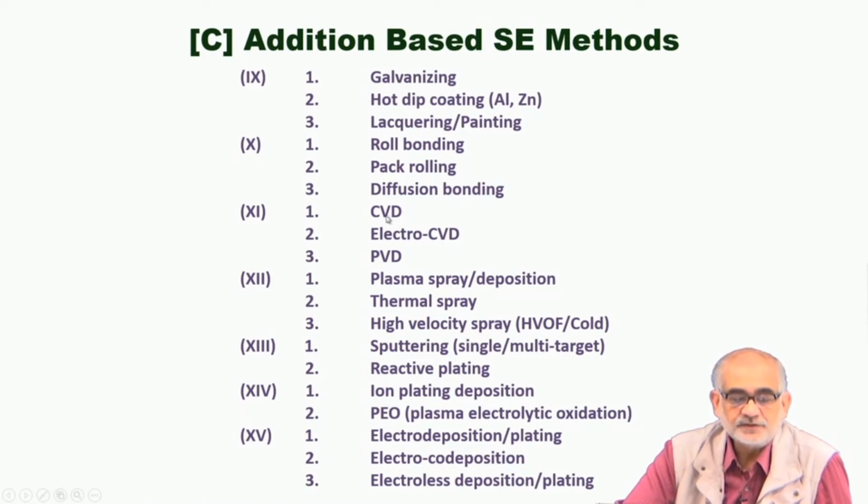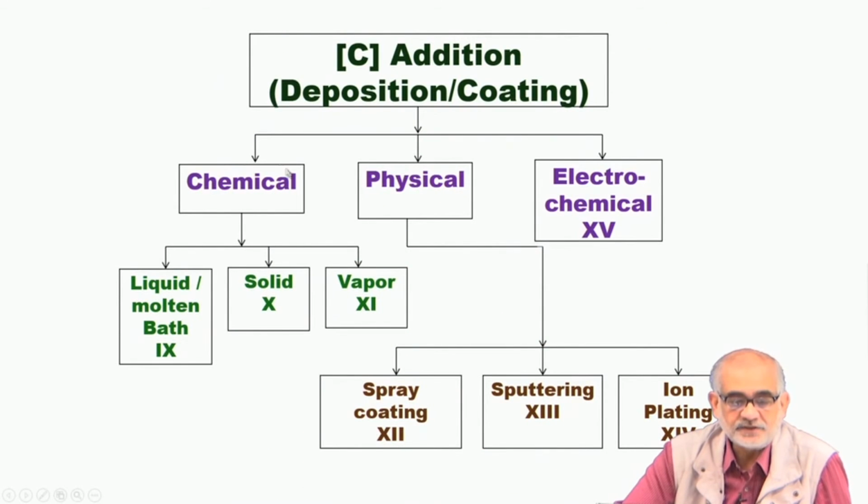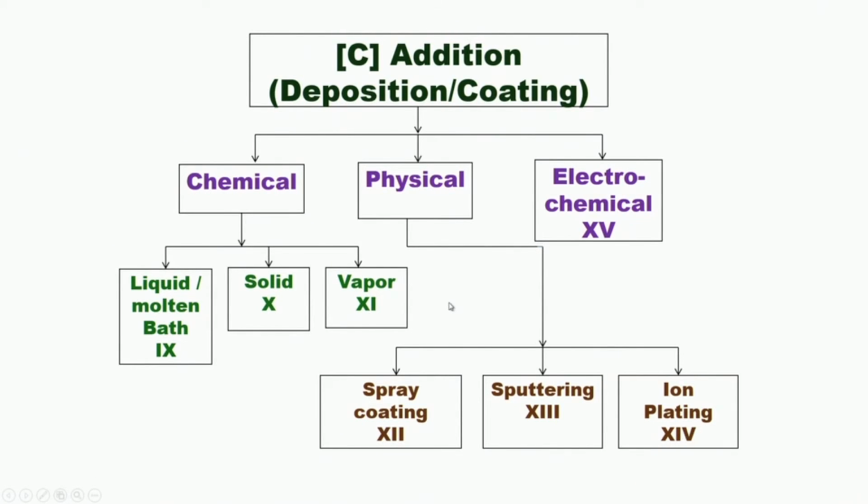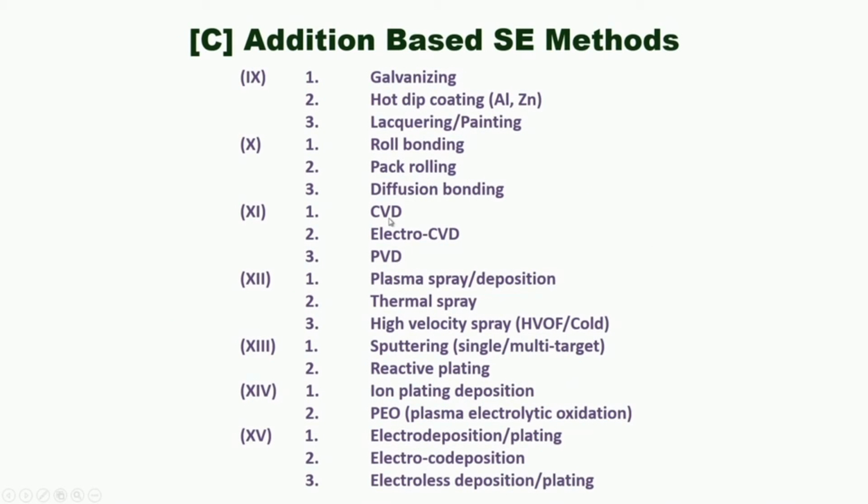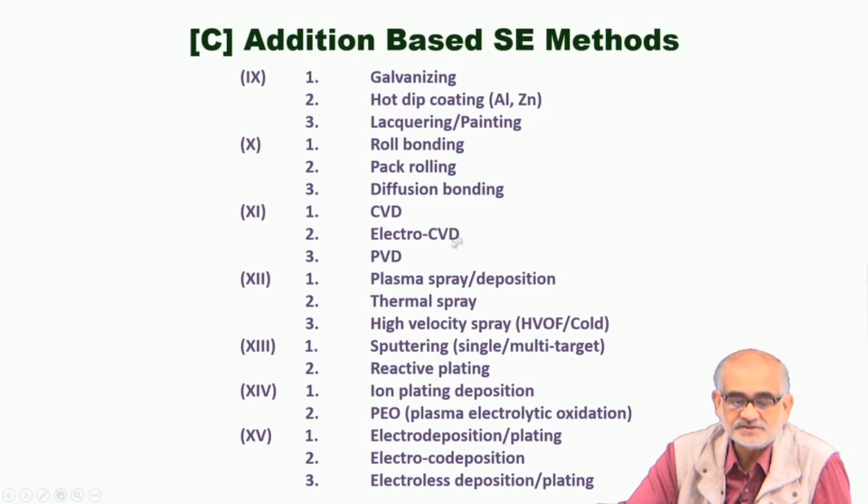Now these were the chemical changes. So essentially we were able to change the surface. The first one we saw was through the liquid or molten bath. The second one is solid state, and then we can also do such chemical changes onto the surface by way of depositing from the vapor state. This could be chemical vapor deposition, electrochemical vapor deposition, or simply physical vapor deposition.